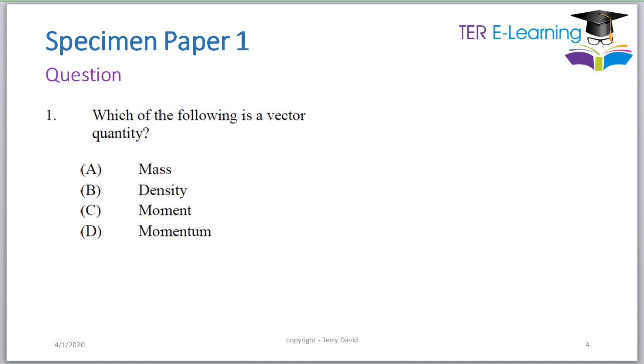You all need to know the difference between a vector quantity and a scalar quantity. Just for your knowledge, we have something called a scalar quantity. A scalar quantity has magnitude only.